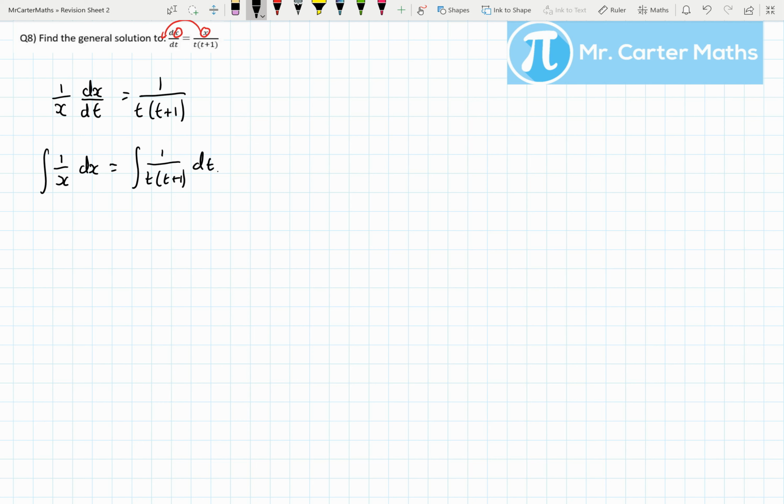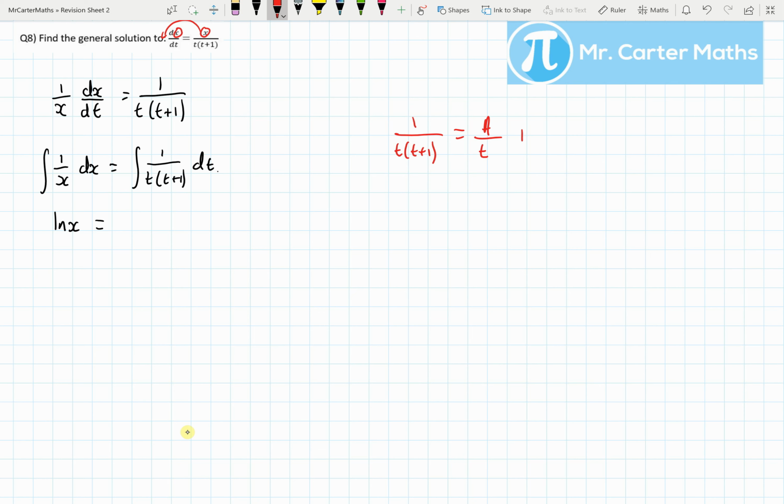Now the one on the left hand side is fairly standard. The integral of 1 over x is ln x. This integral's a little bit more difficult: 1 over t times t plus 1. What I would like to do is deal with the 1 over t plus 1 separately, and realise that that can be done with partial fractions.